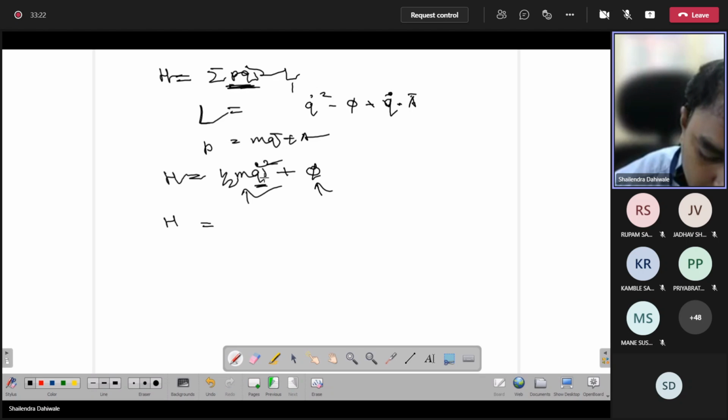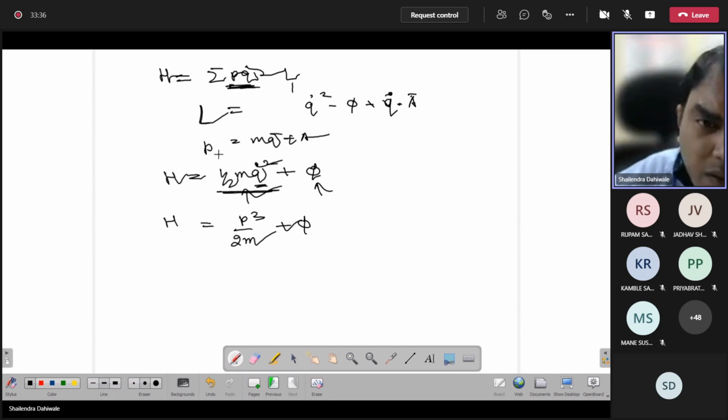What I have written is in mechanical form. So this is your p square by twice m, plus q phi, and p square, as you just saw, p canonical is your mq dot plus qA. So this is your mechanical momentum.